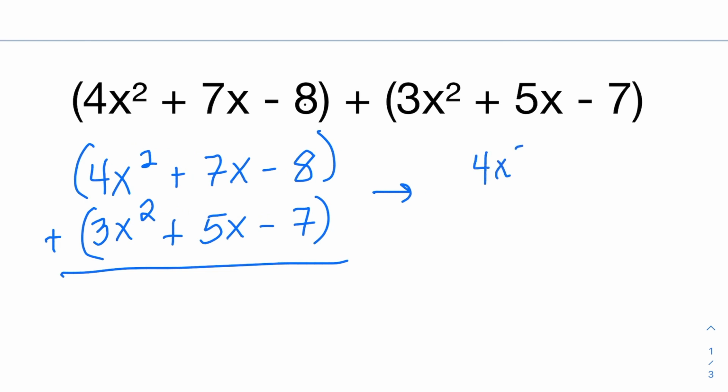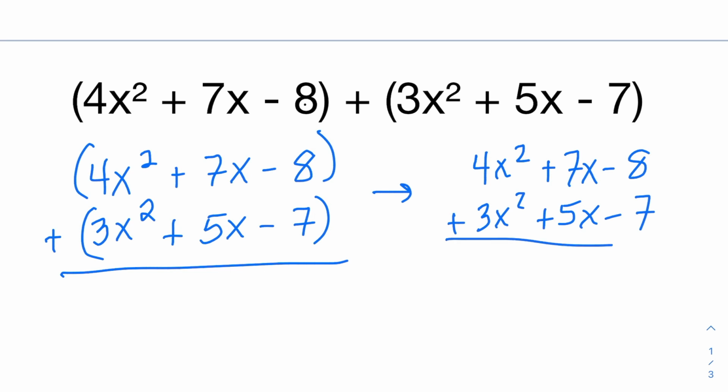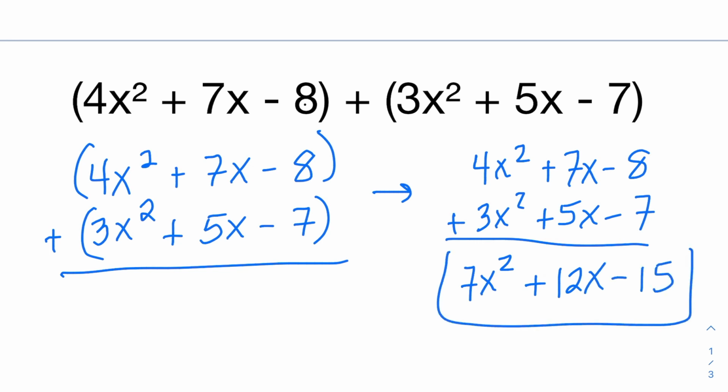So here, 4x squared plus 7x minus 8, and then this will be a plus 3x squared, a plus 5x, and a minus 7. And that way our like terms are lined up one above another. We can add them together, and you'll see that we get the same result that we originally got. 7x squared plus 12x minus 15.